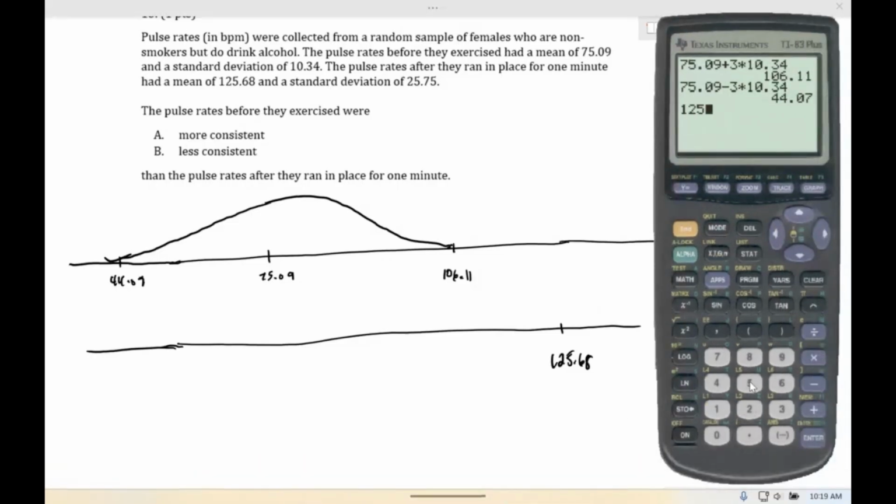For the second curve, I am going to take the mean, 125.68, and I'm going to add 3 times the standard deviation, which is 25.75.